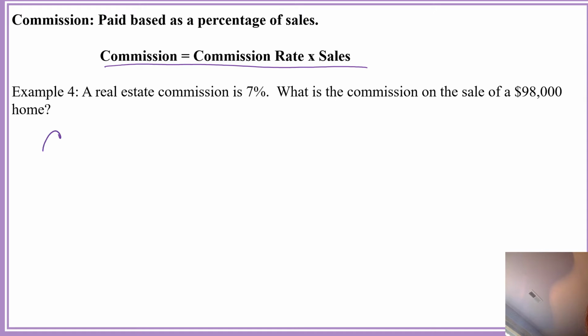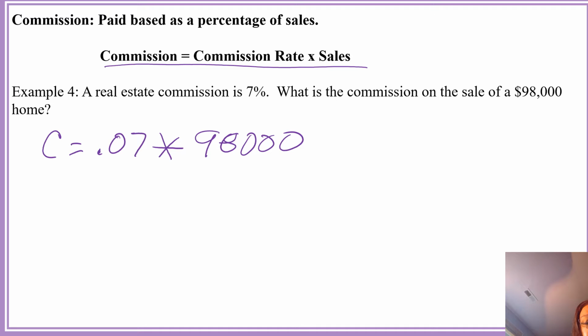Their commission is equal to the rate, 0.07, times the purchase price of $98,000. Kind of weird 98, but that's all right. So we have 0.07 times 98,000. We get $6,860.